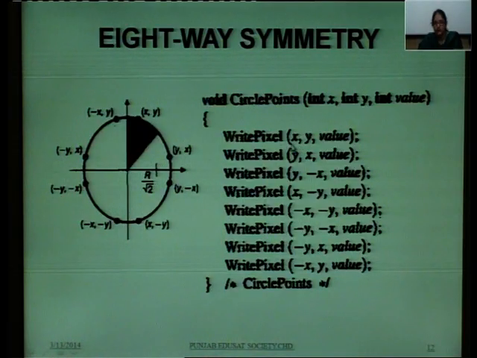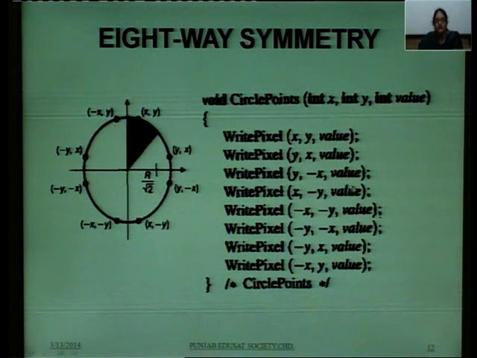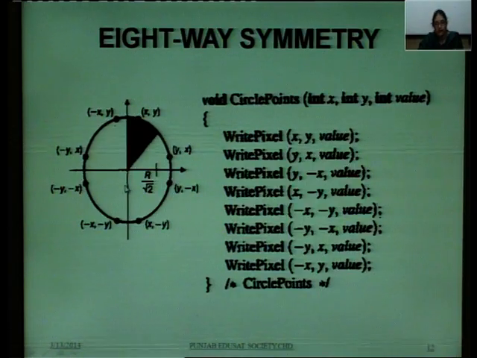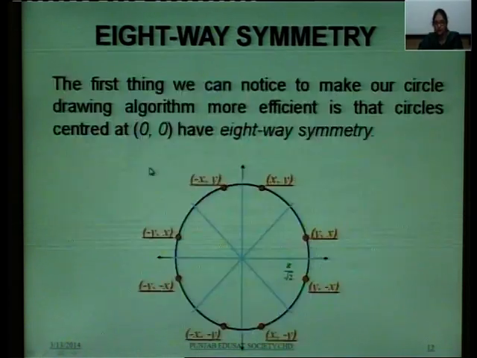So, you can write the pixel of (x, y), pixel of (y, x), (y, minus x), (x, minus y) and so on. These are the circle points, meaning you are finding the location of the pixels on the quadrants at the borders of the symmetry of the quadrants of the circle.